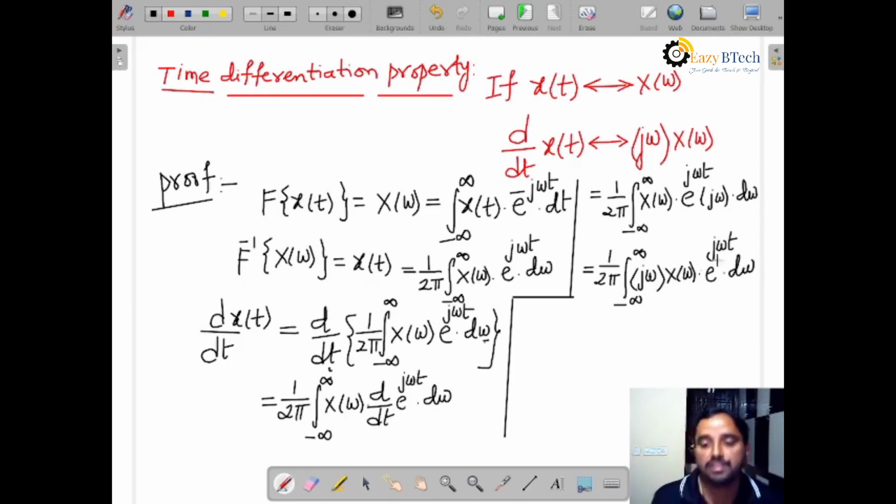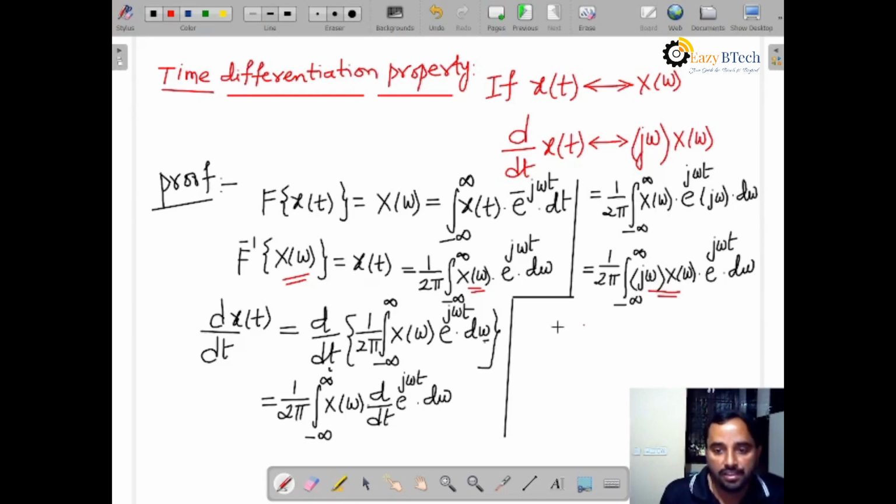Just observe this integral carefully. We can get the answer now. So this integral is an inverse Fourier transform, right or not? This is the inverse Fourier transform, same, but here instead of X of omega we have j omega into X of omega also there.